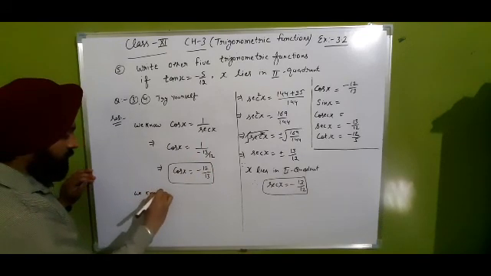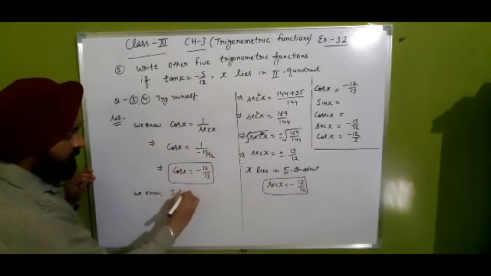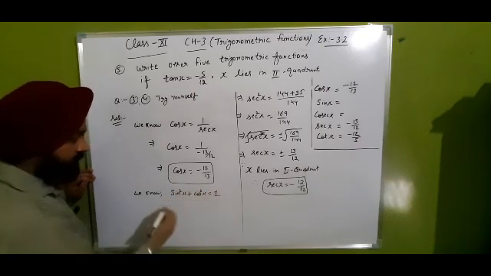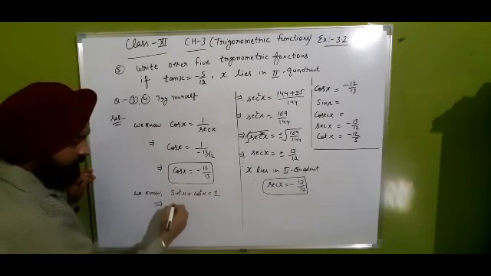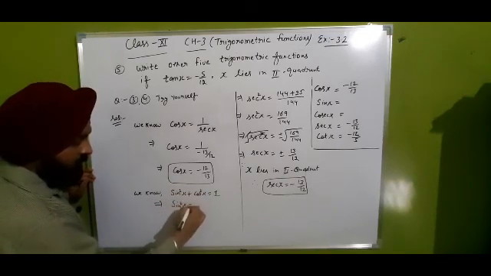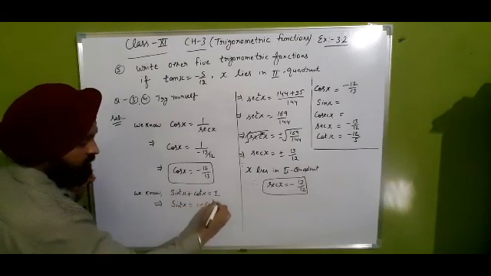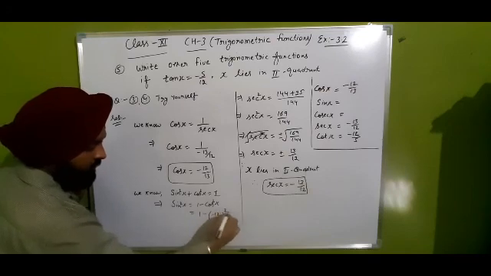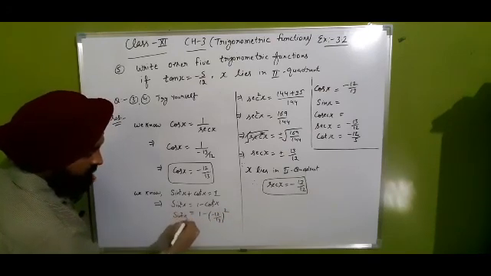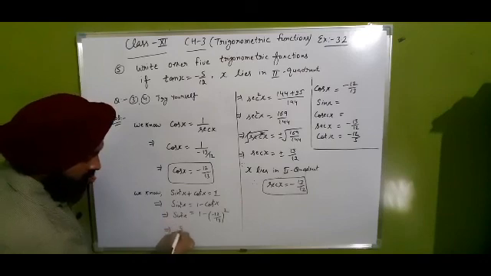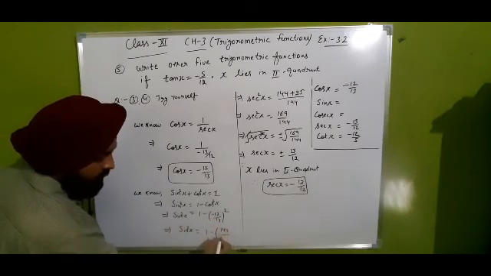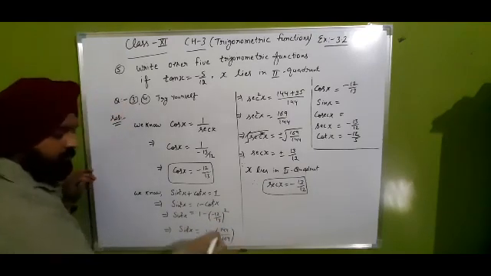We also know that sine square x plus cos square x is equal to 1. The value of cos x put here. Sine square x is equal to 1 minus cos square x first. 1 minus minus 12 over 13 whole square. It implies sine square x is equal to 1 minus, negative square always positive, 144 over 169.